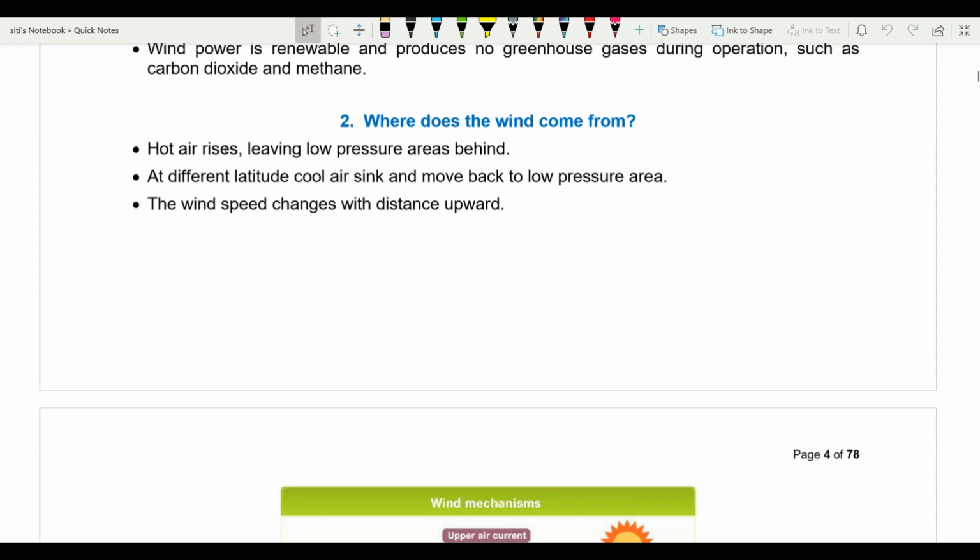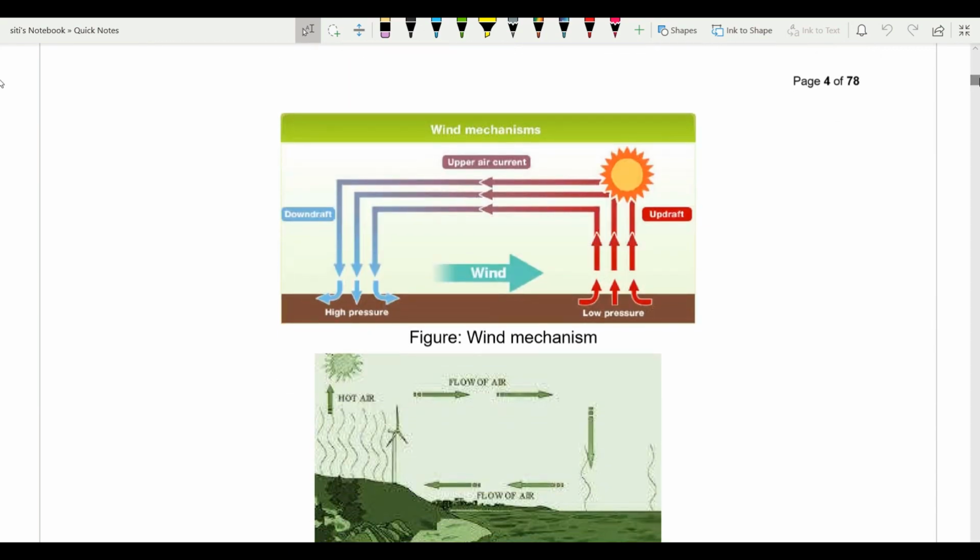Then it will sink back and move to the low pressure area. So this process will continue and it will produce the air.